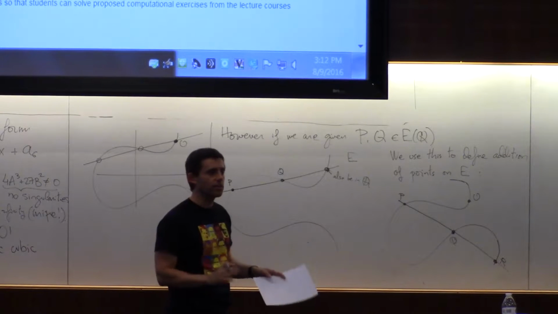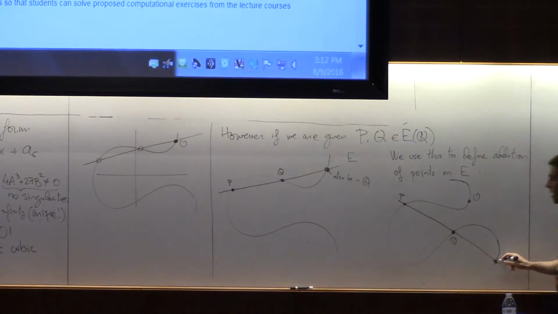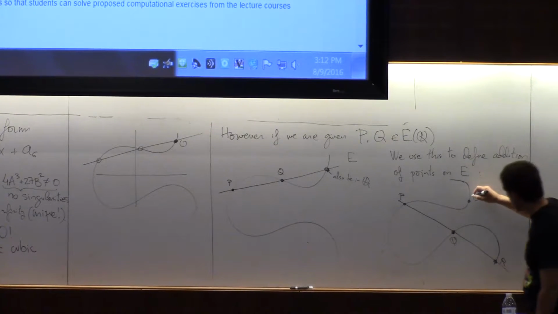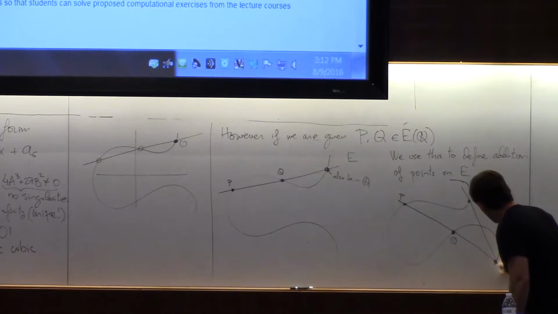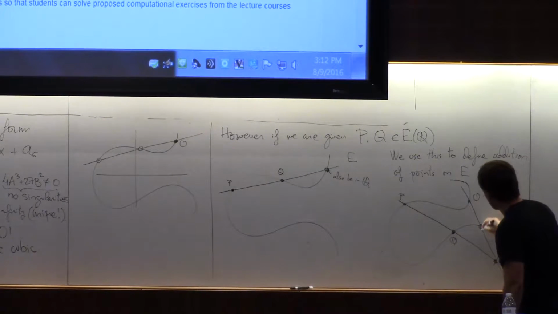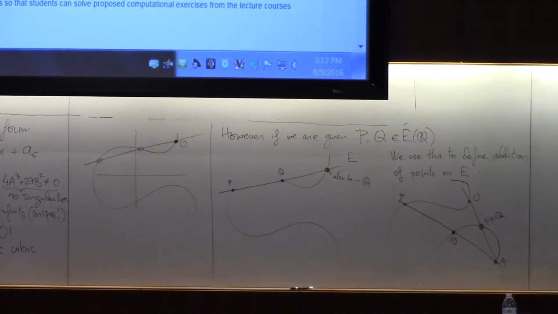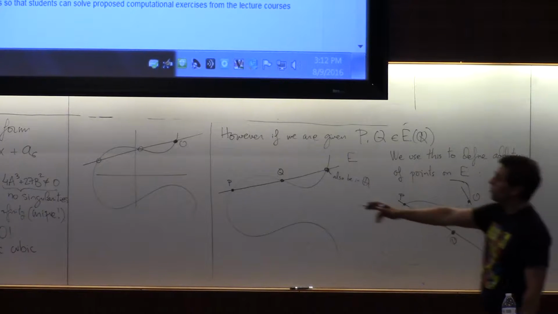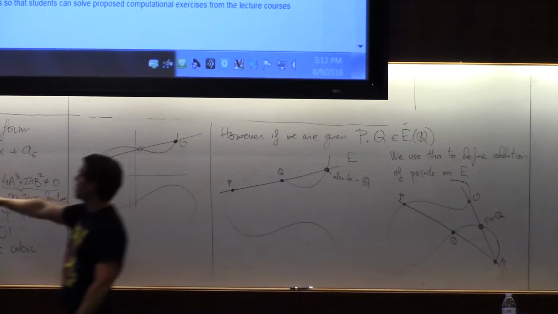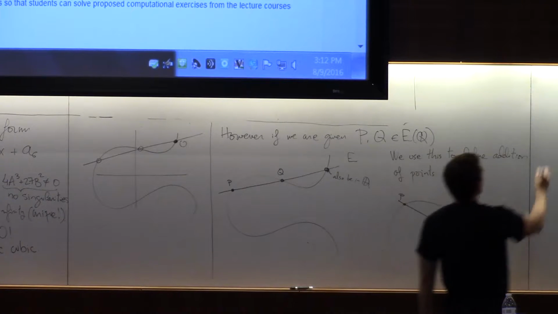So what you really want to do is, once you found that point, now reflect with respect to O, trace another line through O, and now this guy is also rational, and that is the one I'm going to call P plus Q. Okay? And this actually is going to be minus P plus Q, minus quantity P plus Q. But so let's see, in those models, in particular in the short Weierstrass equation, what does that look like?